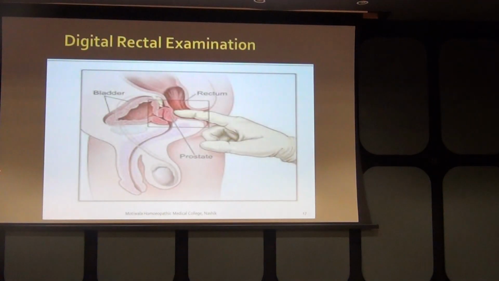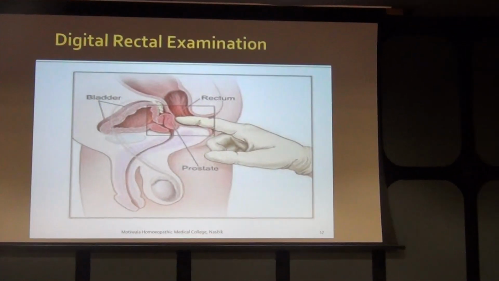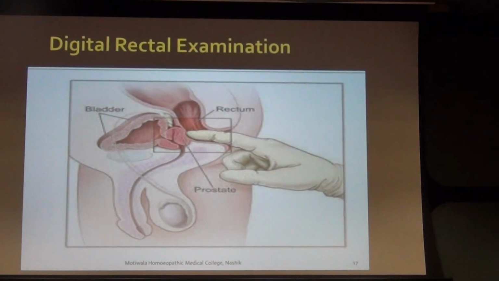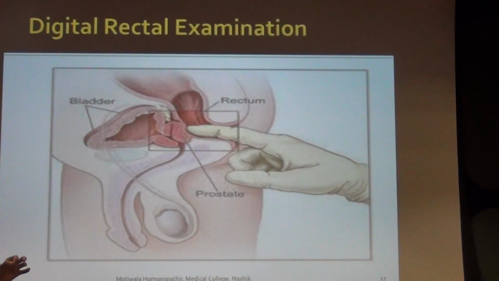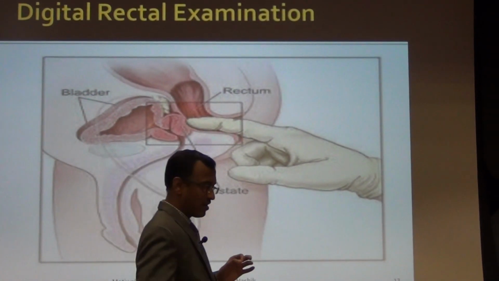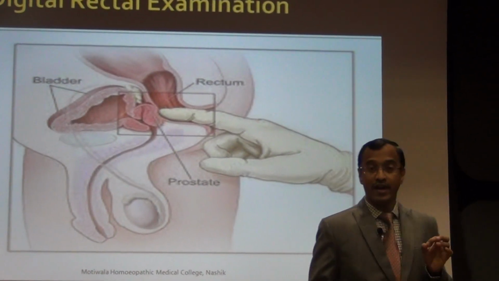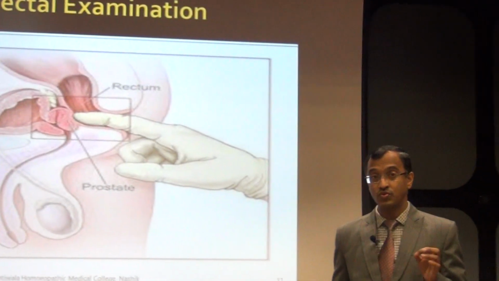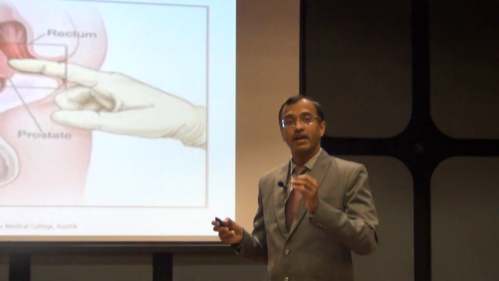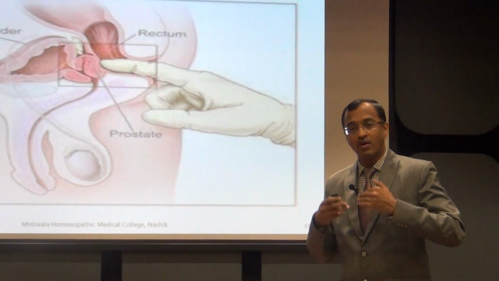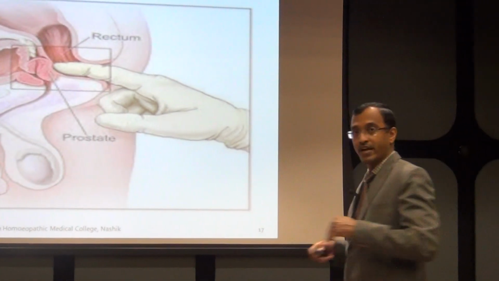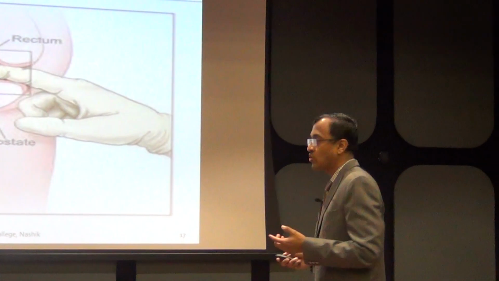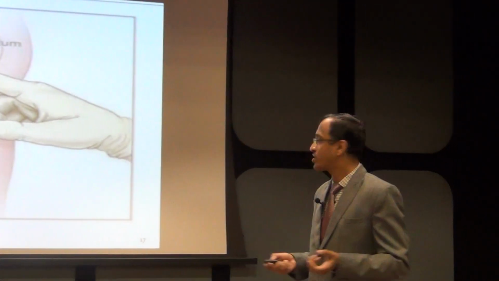Now, what we have talked about is digital rectal examination. This is one very skillful examination. Maybe many people will not like it, but we have to convince him. We have to tell them politely how the procedure will be, take permission, wear gloves, and have proper lubrication.